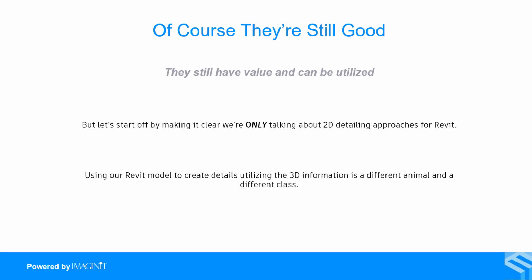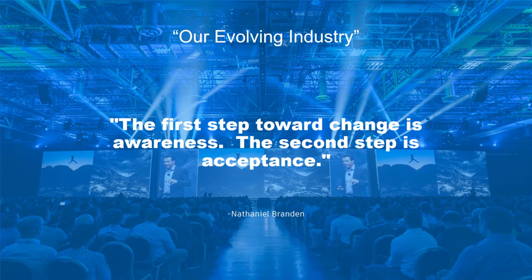That's really a different class. That's a different process. We're talking about the 2D information that's drawn with lines, circles, arcs, detail components, just text, okay? So let's keep that in mind, that the approaches that we're talking about here are just the 2D aspects of this.